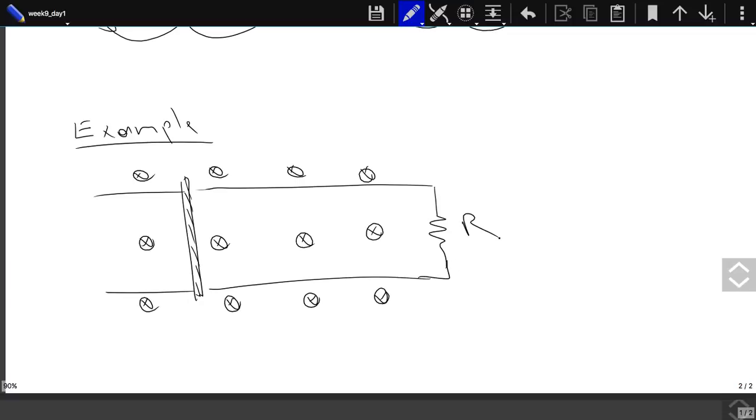And we also said that if this rod is moving with a velocity v in this direction, on the average, the electrons in this rod will be moving with this velocity v. So they will feel a force in which direction?